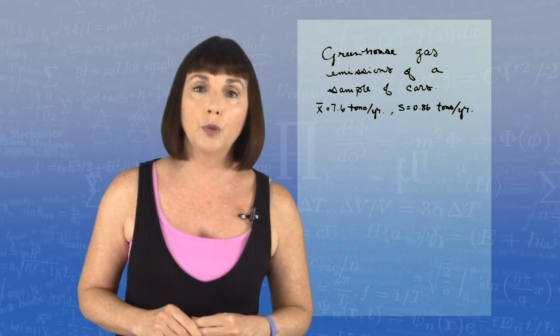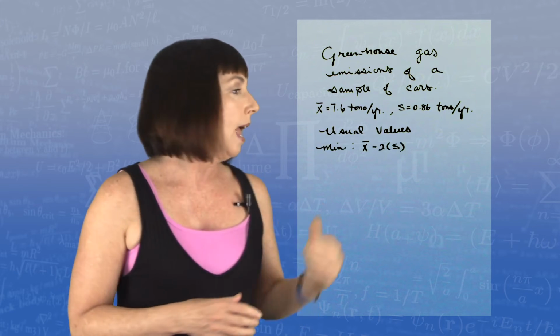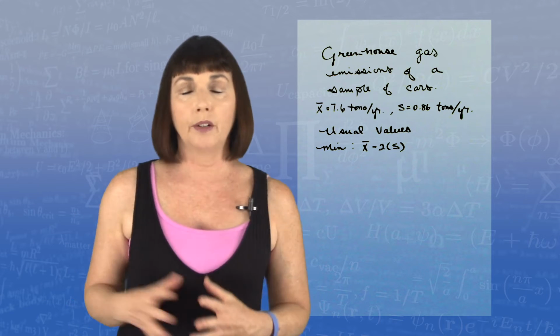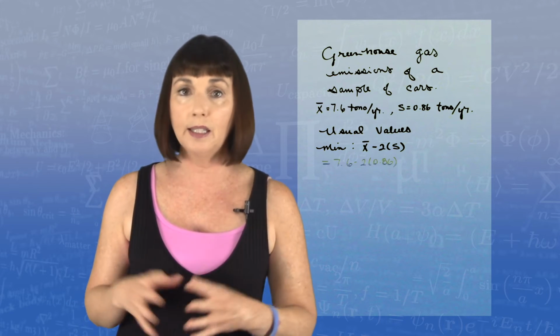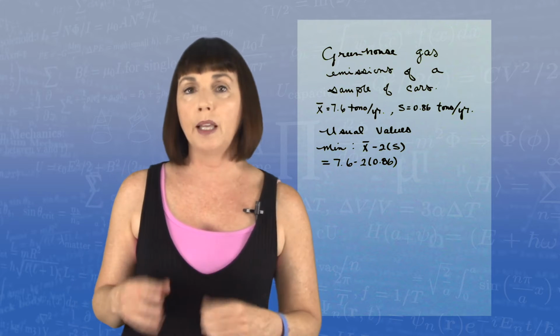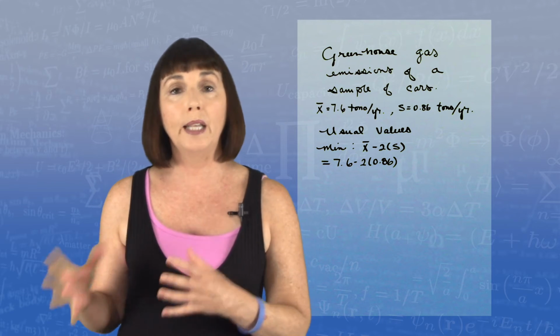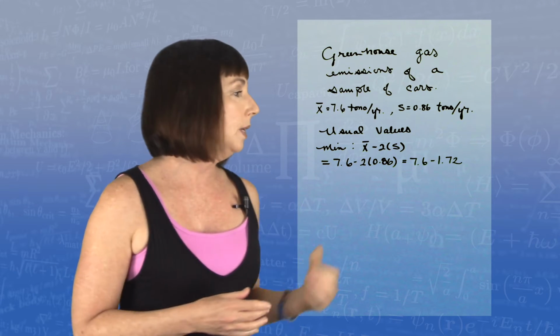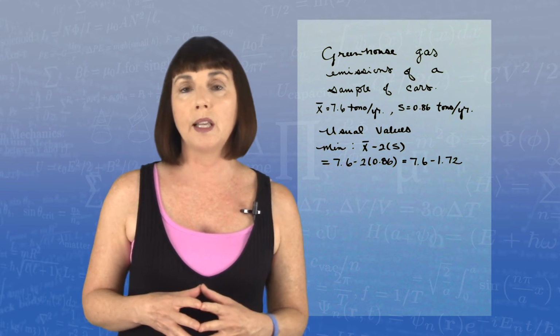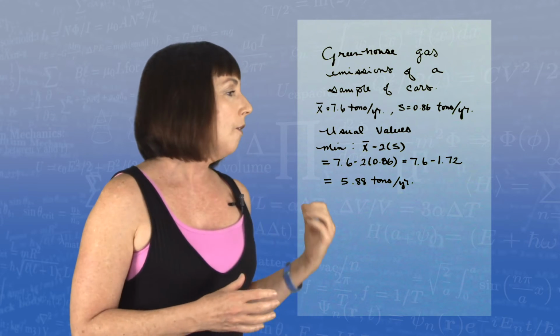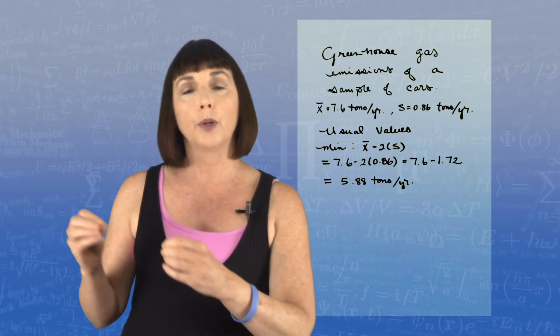Our minimum usual value will be equal to x bar minus 2 times the standard deviation. So that's equal to, in this case, 7.6 minus 2 times 0.86. And that's equal to 7.6 minus 1.72, which is equal to 5.88 tons per year.